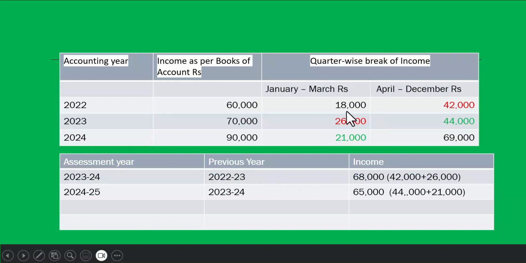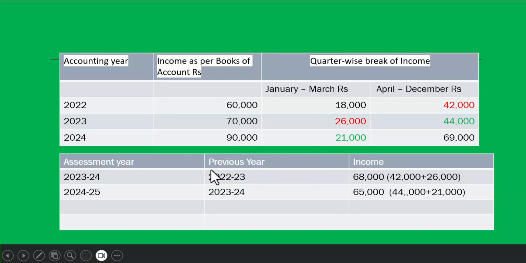So what we have done, we have ignored this January to March. So we have taken this April to December, 42,000 is the income, and added this with 26,000 of the next calendar year, the first quarter. Okay. So the 3 quarters of this year and 1 quarter of this year will make the previous year. So his income will be considered as 68,000 and not 60,000, okay, or 70,000, 90,000.